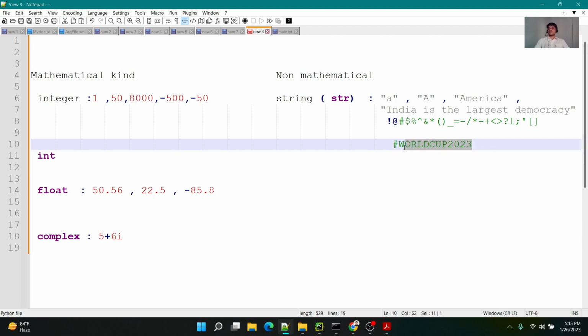It doesn't exclusively fall into the integer or float or complex category. This type of data falls under the category of string. But can you write the string like this? No. You should always enclose your string within quotes. So there should be a leading quote and there should be a trailing quote. All right.